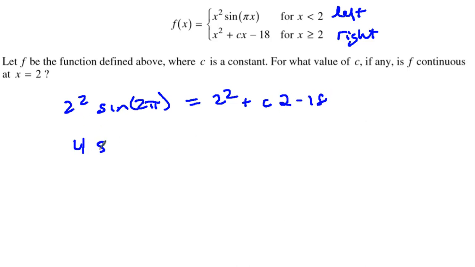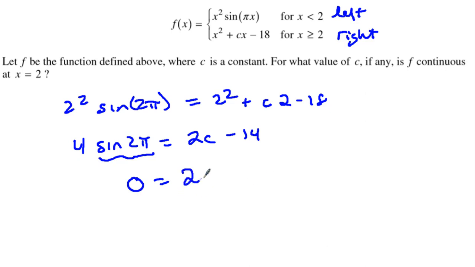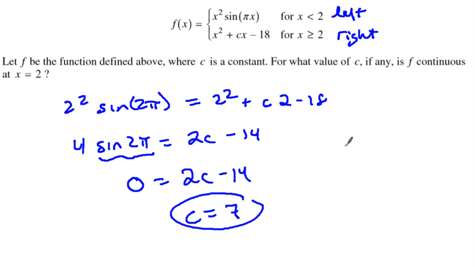So I have 4 sine of 2 pi equal to 4 plus 2c minus 18. 4 minus 18 is negative 14. And what do I know sine of 2 pi is? Remember, 2 pi is 0 degrees, so my y, or sine, is equal to 0. So that's all equal to 0. So 0 equals 2c minus 14. You can already see what c has to be. c has to be positive 7 for these functions to be continuous.